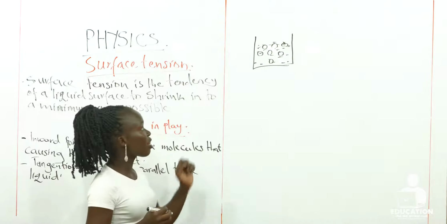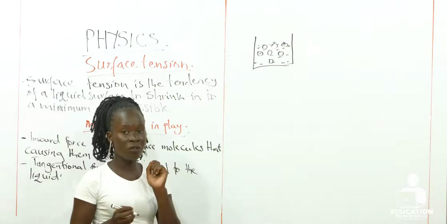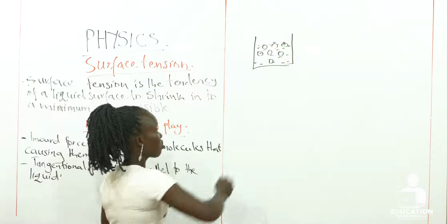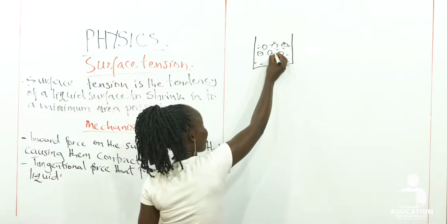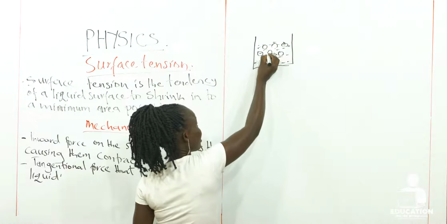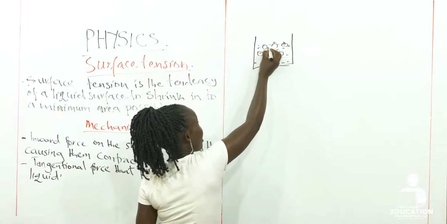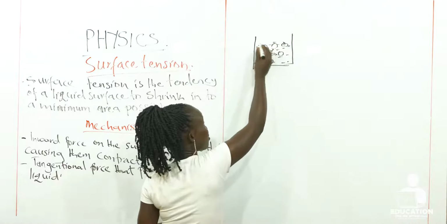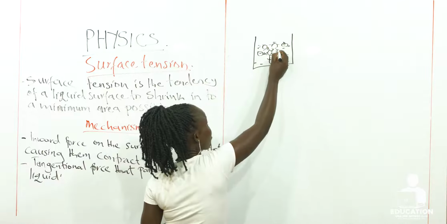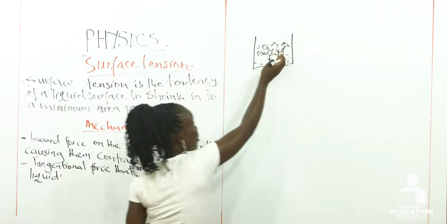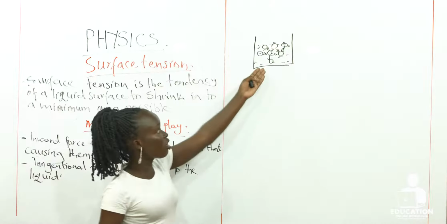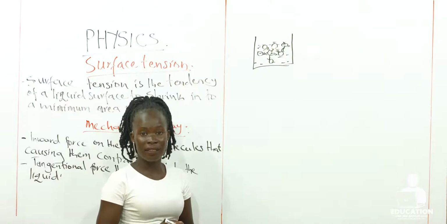These molecules have forces of attraction in between them. So they attract each other in all directions. Even the ones on the surface attract themselves. They get attracted to the molecules that are inside the liquid.